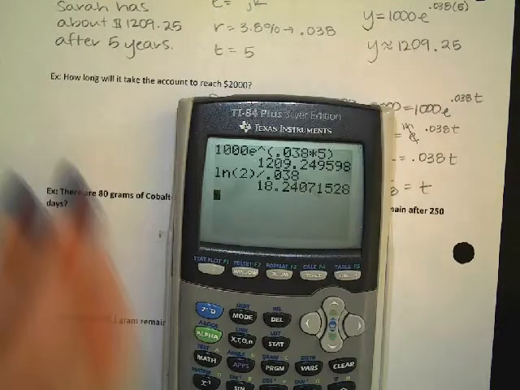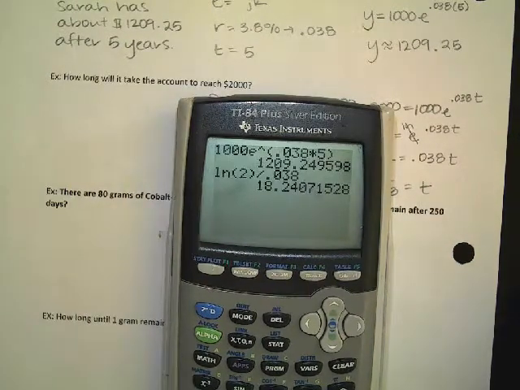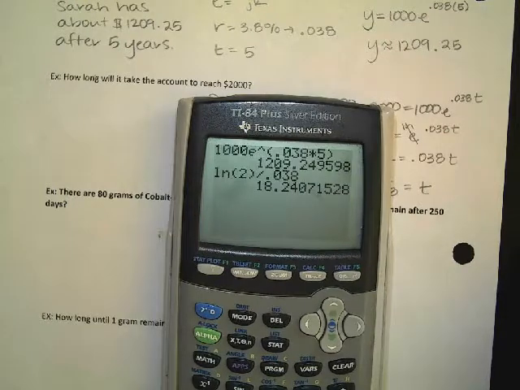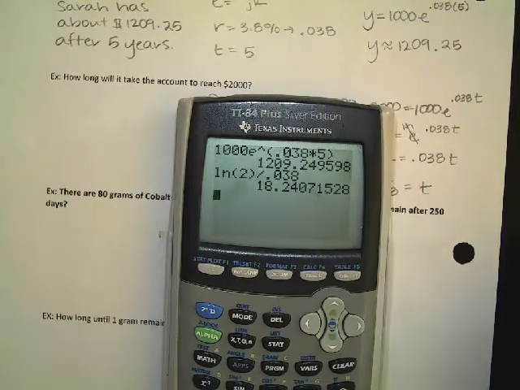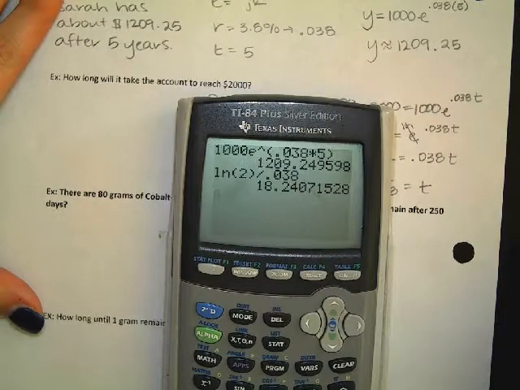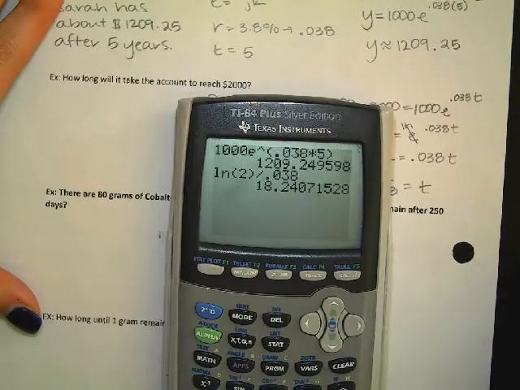Someday when I have children, that's the type of parent I'm going to be. Like, I'm going to be like, your allowance for the week is ln2 divided by 0.038. If they can't tell me how much that is, they don't get their allowance. That's what my dad does to me. Gives you math problems? Yeah. But like, you're like, just find out what minimum wage is. And then that's your allowance? You make minimum wage as your allowance? No, I do that for actual like. Oh, okay. Like your chores. You get minimum wage for your chores?